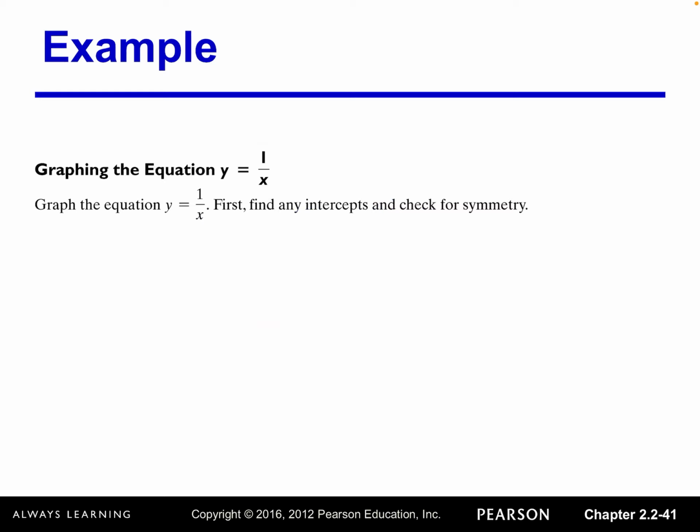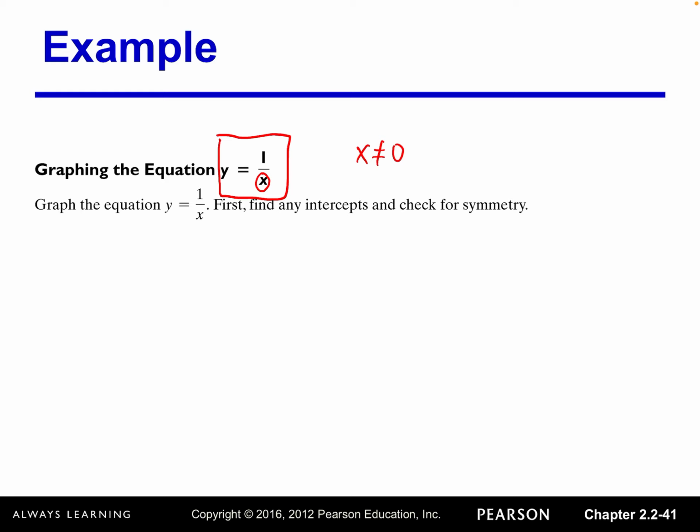The last example, we try to use the properties we learned to graph the key function y equals 1 over x. This is the reciprocal function. So find the intercepts. We notice the variable x is in the denominator, so we know the denominator can never be 0. Therefore, we don't have an x-intercept.